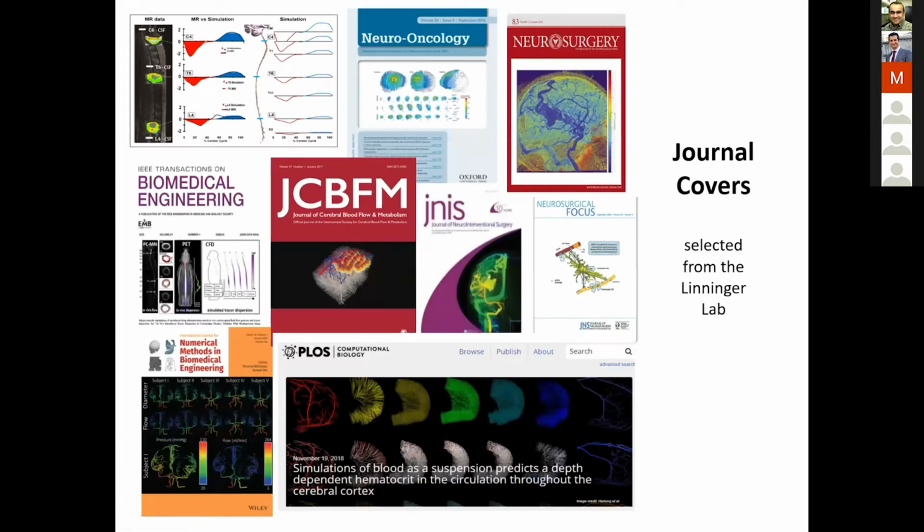Some of the highlights that have recently been selected for journal covers are shown here. We are a group that works in different areas. We call that interdisciplinary work. So we have publications in neurosurgery, oncology, cerebral blood flow metabolism, and we try to bring a lot of our work into clinical practice or into neuroscience.